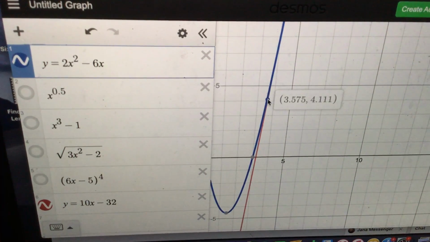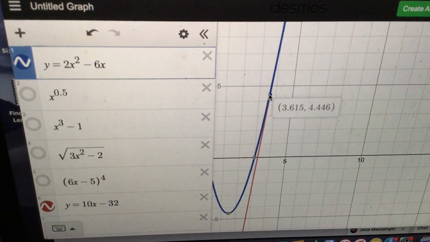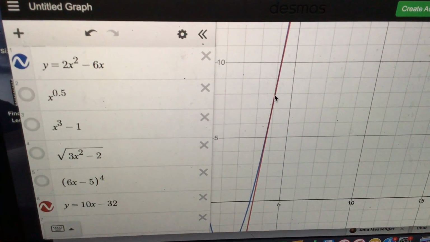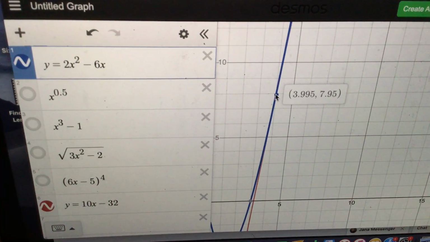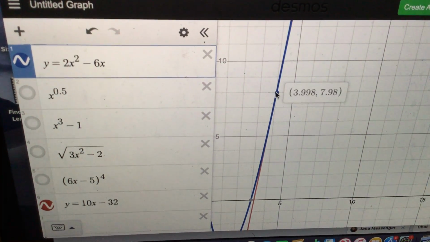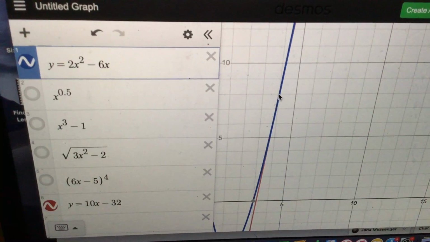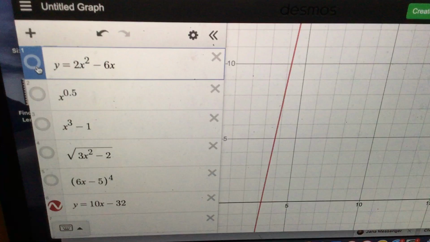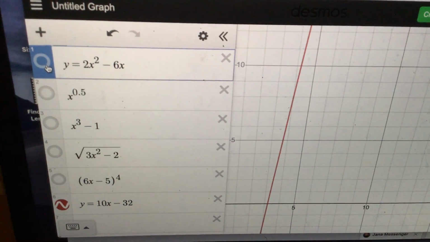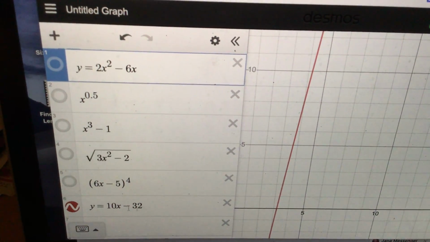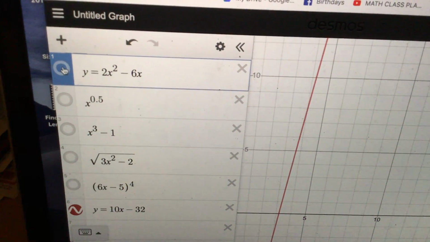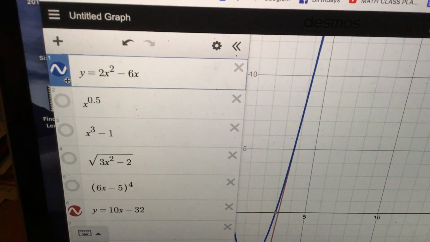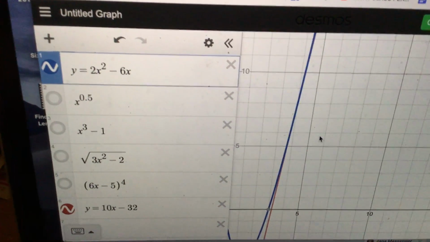So when x is equal to 4, y is equal to 8, and at the point (4, 8), the slope is 10. So this red line that touches the curve at (4, 8) has to have a slope of 10, and in order to touch it at that point, it has to be y equals 10x minus 32. So that's basically the visual, and that's the curve and the tangent line touching that particular point.